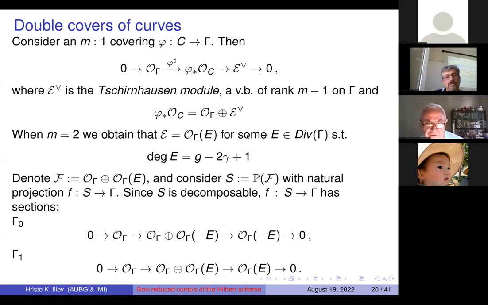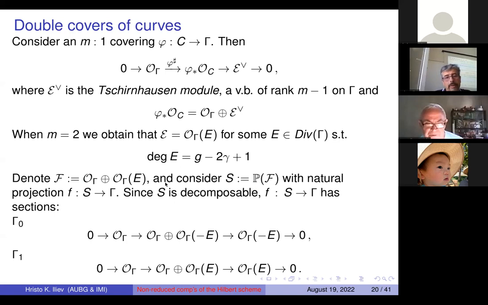It's easy to compute, in fact, that it's a line bundle of degree minus g plus 2 gamma minus 1. In fact, this indicates how we can proceed with the construction of the algebraic constructions that I more or less visualized here.